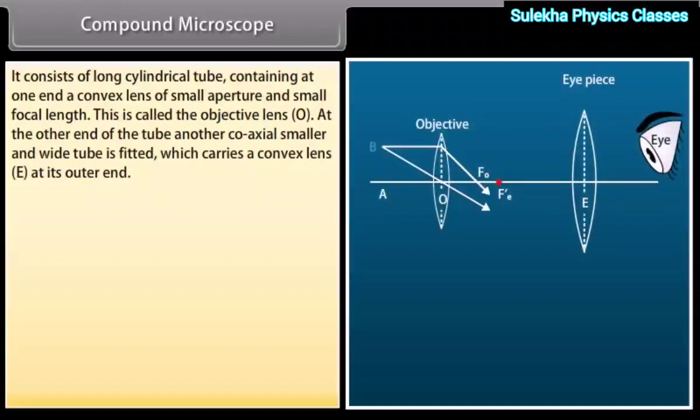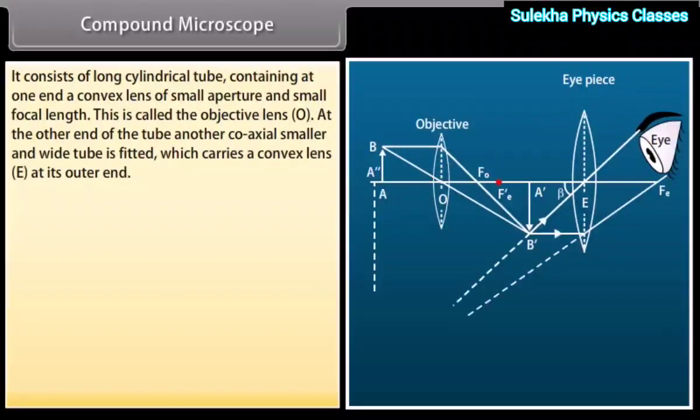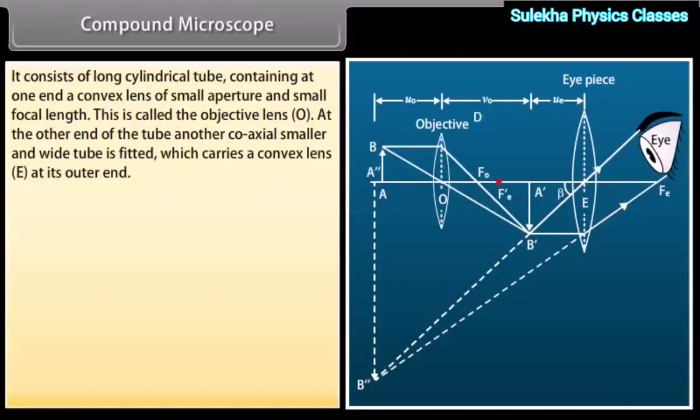Compound microscope. It consists of long cylindrical tube containing at one end a convex lens of small aperture and small focal length. This is called the objective lens O. At the other end of the tube, another coaxial smaller and wide tube is fitted which carries a convex lens E at its outer end.